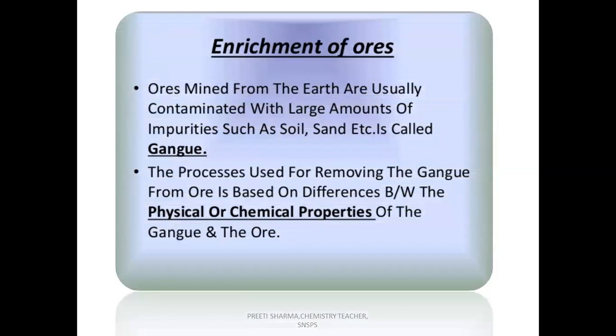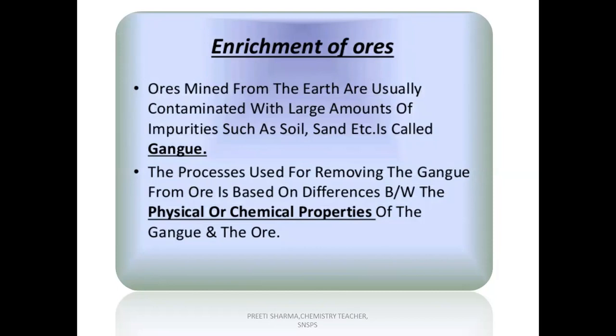Now, enrichment of ores. Ore mined from the earth is usually contaminated with a large amount of impurities, students. The impurities which are attached with the pure metal, right, are called matrix or gangue. We can say gangue, or we can say matrix.